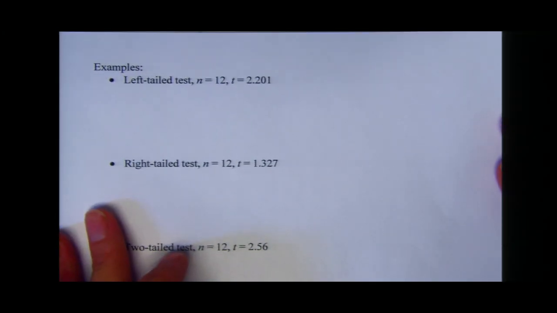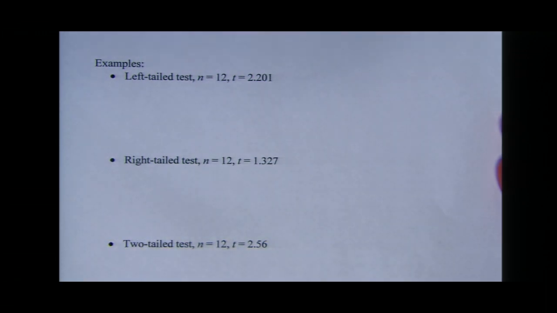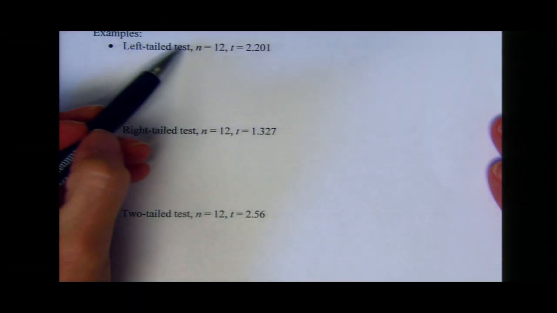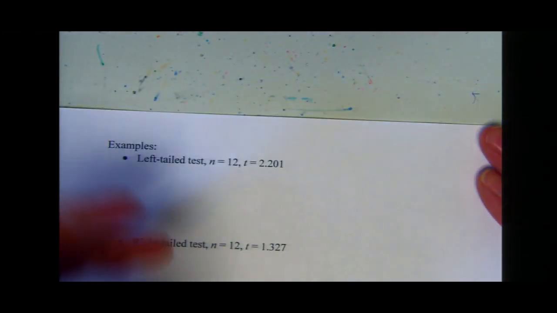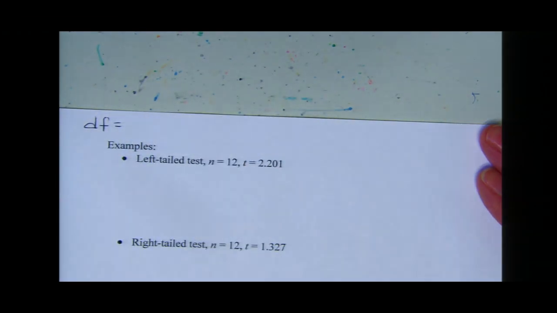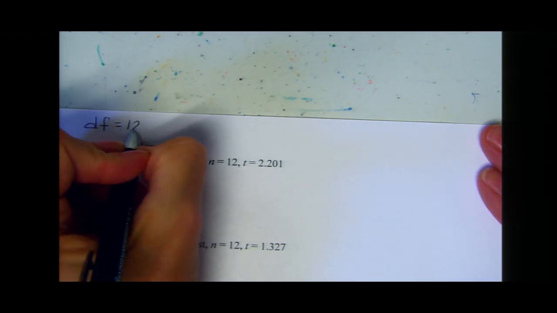Okay, so if you look here, it tells us left-tailed test, right-tailed, 2-tailed, left-tailed, 2-tailed, right-tailed. If you'll notice for all of my examples, I used n is equal to 12. So for each of these, my DF will not change. So for this whole page of examples, your DF is 12 minus 1 or 11.